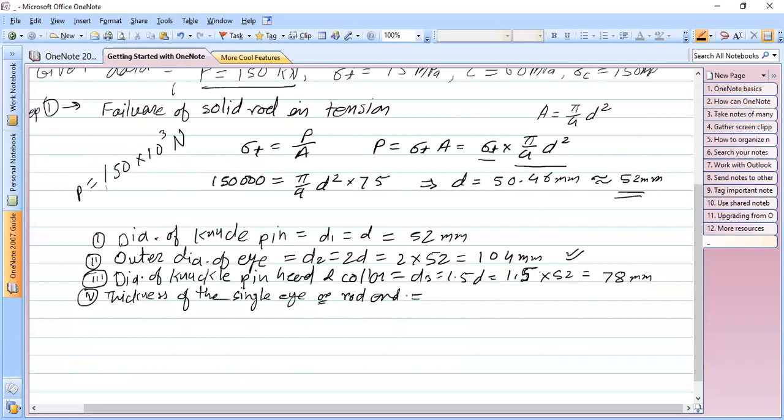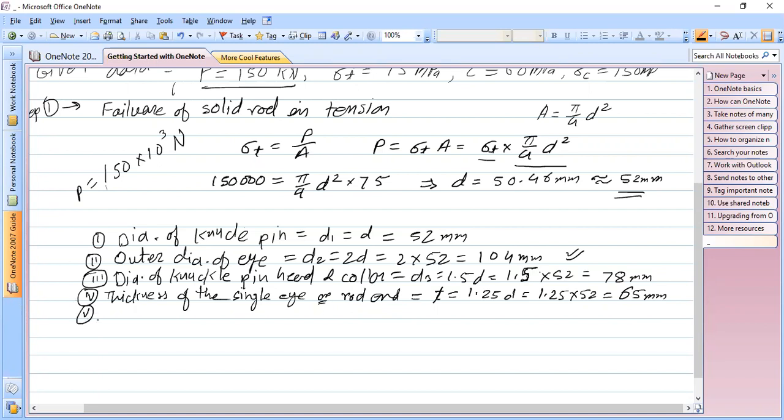This is equal to T, which is 1.25 times diameter, equals 1.25 into 52. This will give you 65 mm.